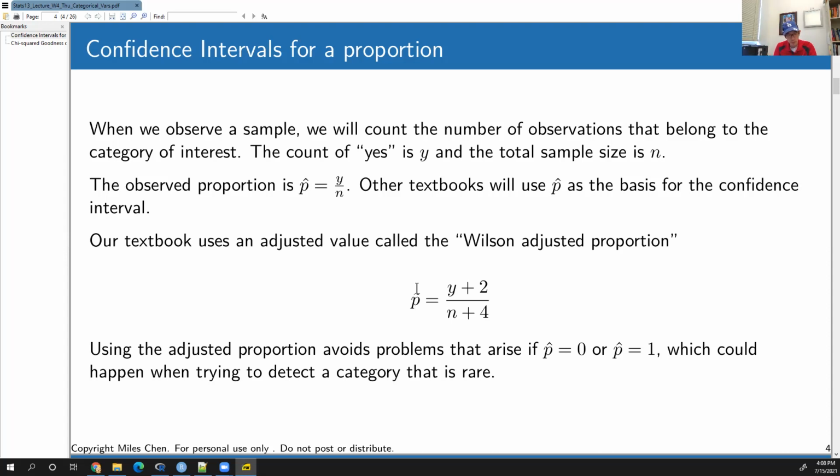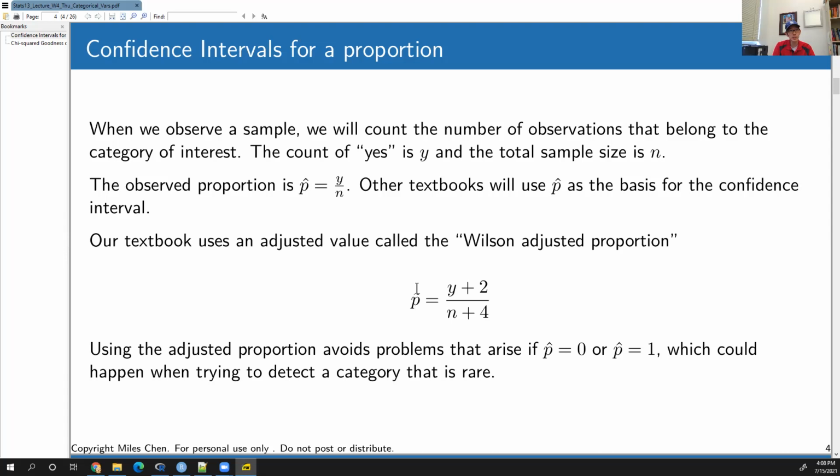Its effect is most pronounced when you have proportions that are very close to 0 or very close to 1. So for example, perhaps you want to know what proportion of people test positive for a certain disease, and this might be a very rare disease that only affects very few people.